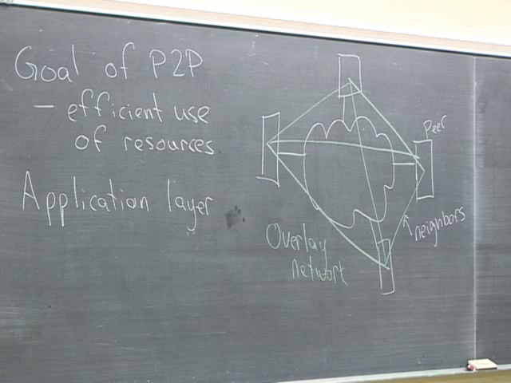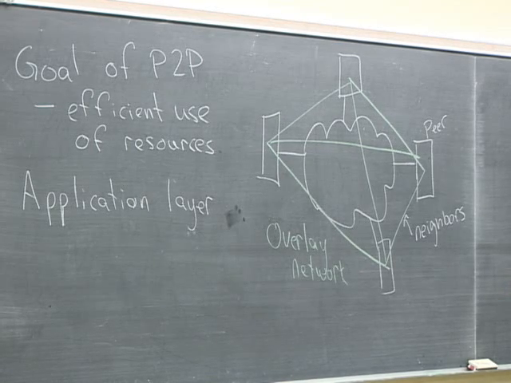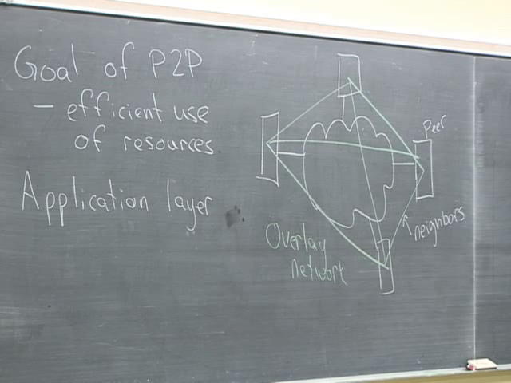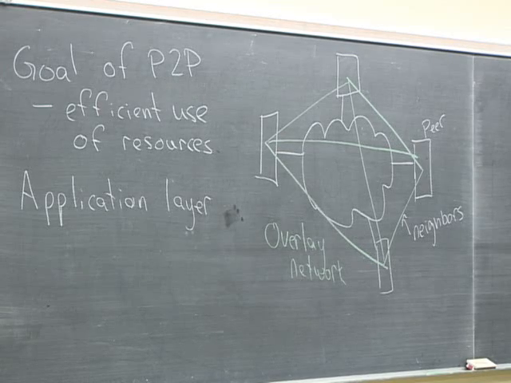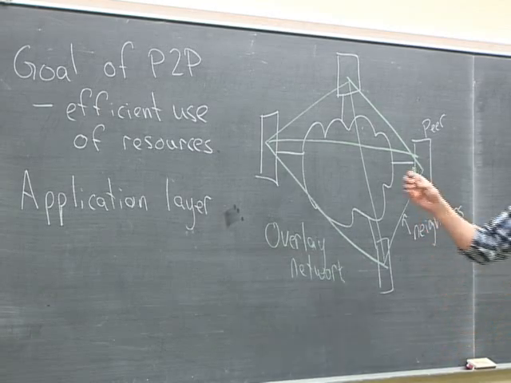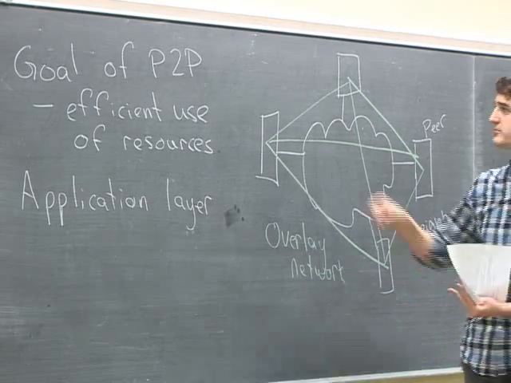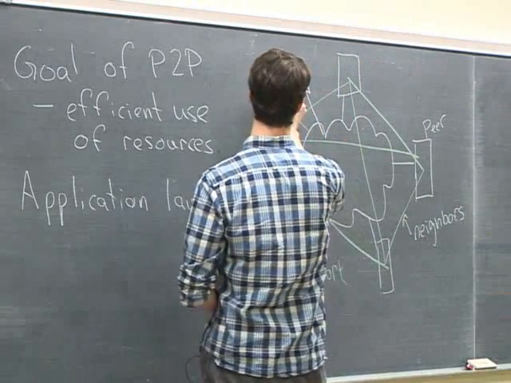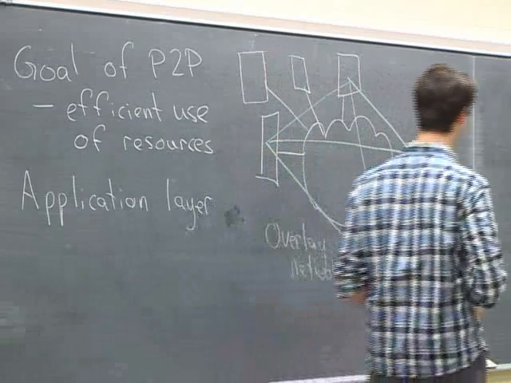Okay. Now, if you recall in our discussion of the internet in general, we said that one definition of the internet is basically everywhere that you as an end host can reach, right? You can only see a portion of the internet at a time. Well, peer-to-peer systems are exactly the same way, in that there may be many, many peers inside the peer-to-peer system that you are not directly neighboring with.